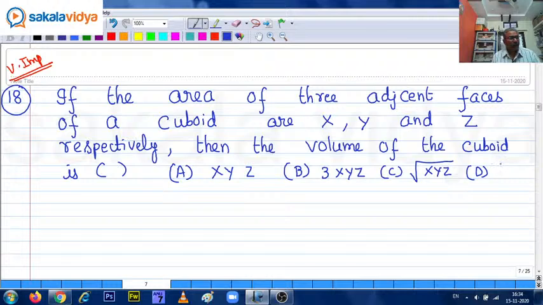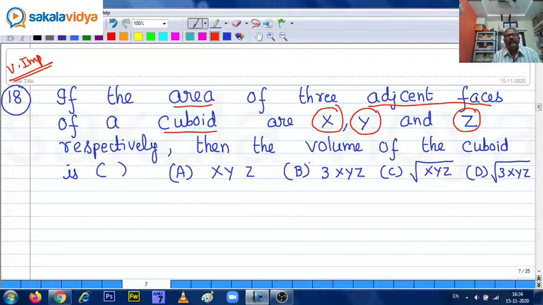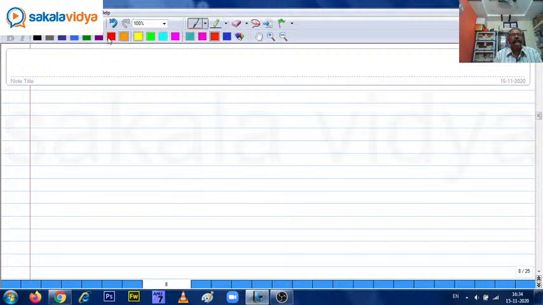Option D, root of 3XYZ. See, the areas of the three adjacent faces of a cuboid are X, Y, Z. Then the volume of the cuboid in terms of capital X, capital Y, capital Z we need to find out. Okay, let's have a discussion on this one.